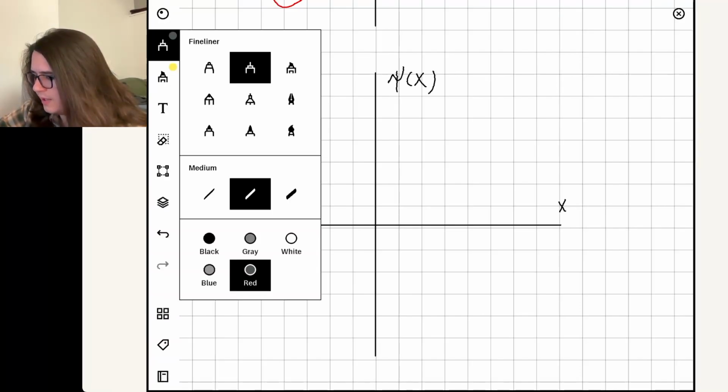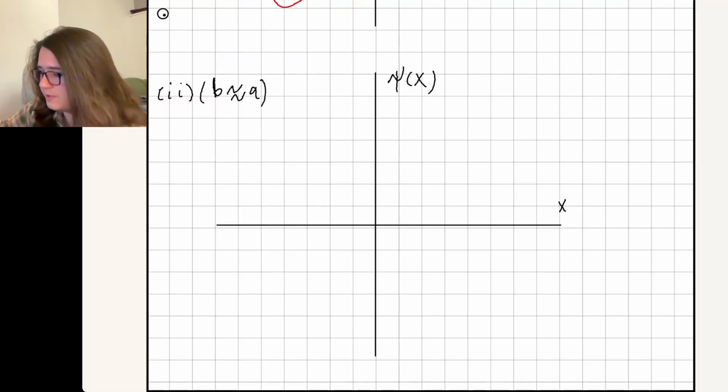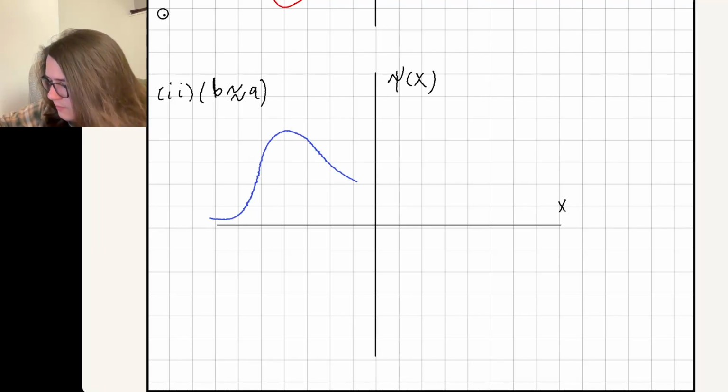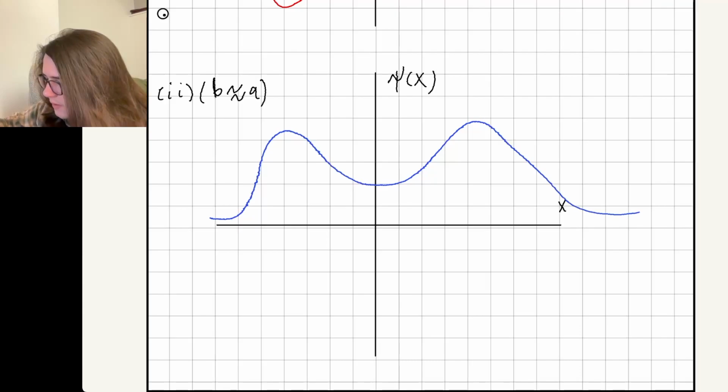So it's going to try to be a Gaussian, like one hump of a Gaussian in the ground state, but it's going to try and go towards 0 when it's hitting x equals 0. So it has to be like this, coming in here, going up, dying off a bit towards x equals 0, then going back up in the other well, and then dying off again. Sort of like that, right?